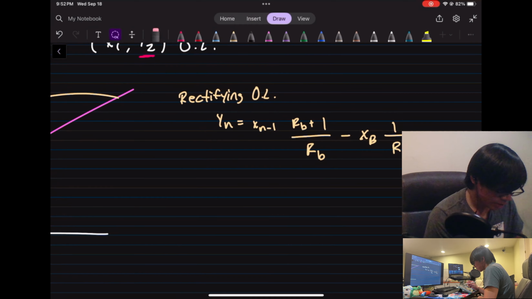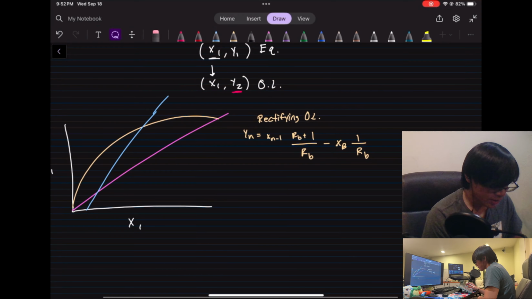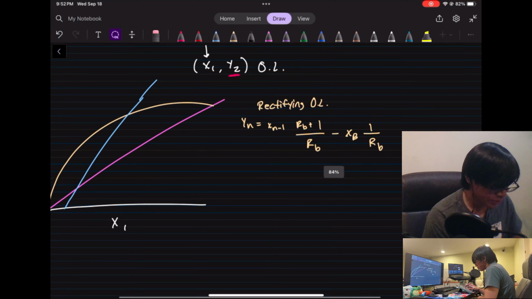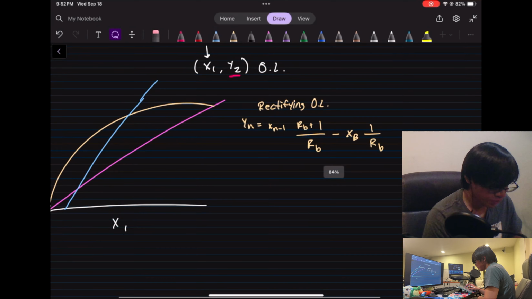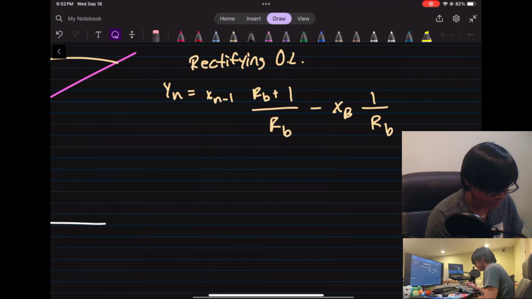So fine and dandy here. I think I said I was going to start at a point where we didn't need this, but I guess it's helpful. It's really easy. It's the very same thing as what I did before. We're assuming x_{n-1} is equal to x_B.